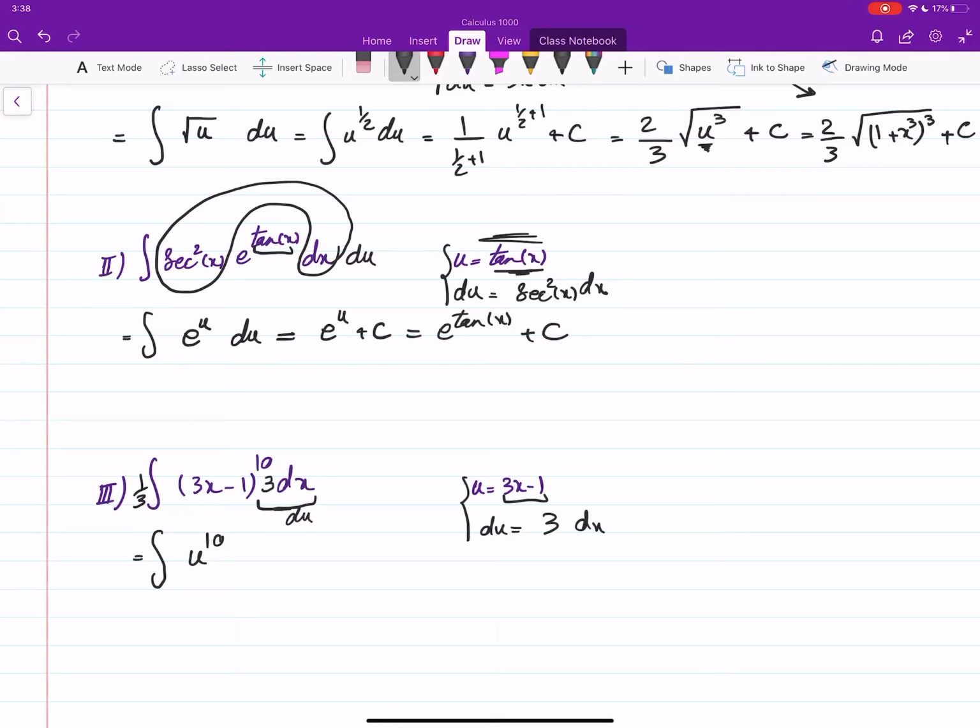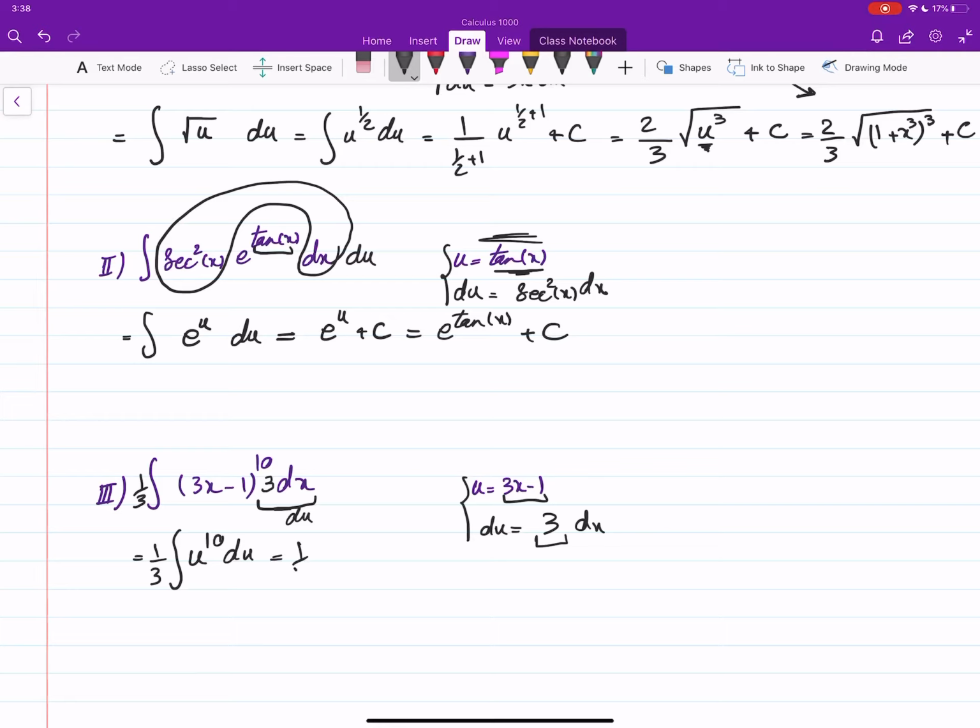I can replace it by du, but we have to take that 1 over 3 given by that part. And you can do this anytime you have a constant multiple of the whole derivative times dx. You can produce that multiple just by multiplying and dividing.